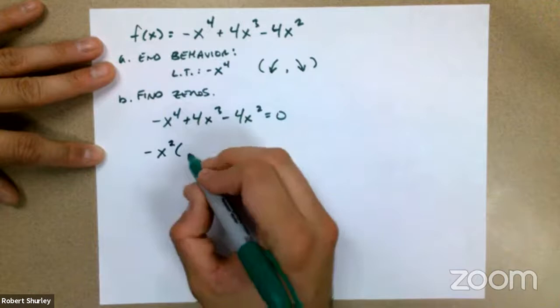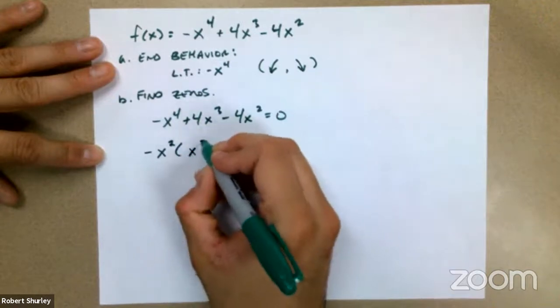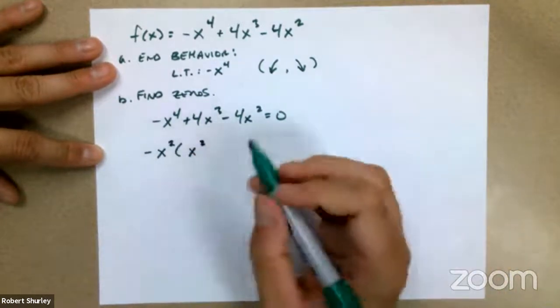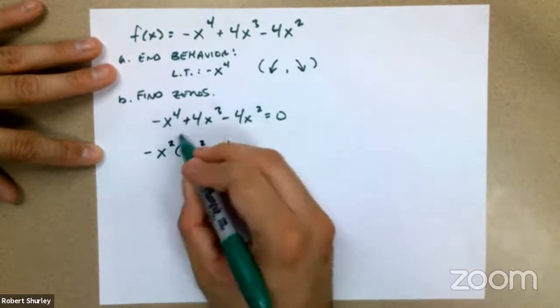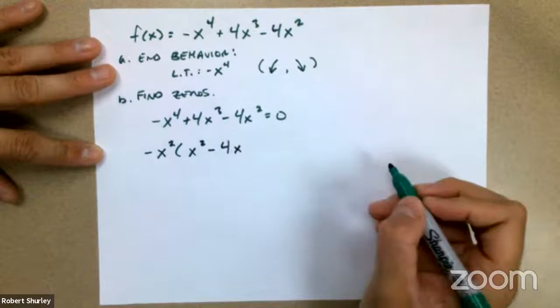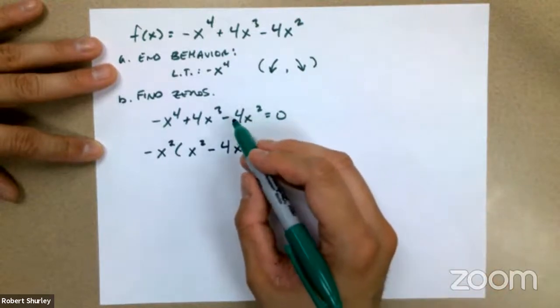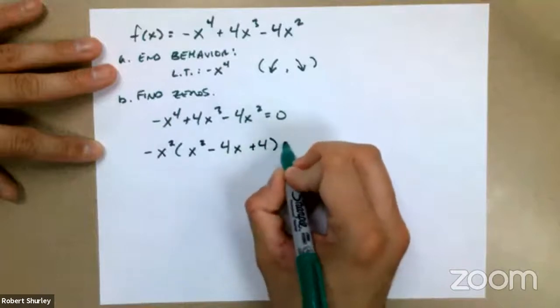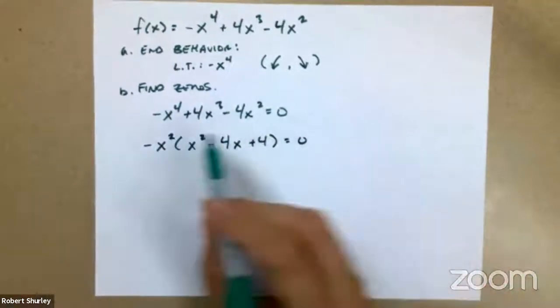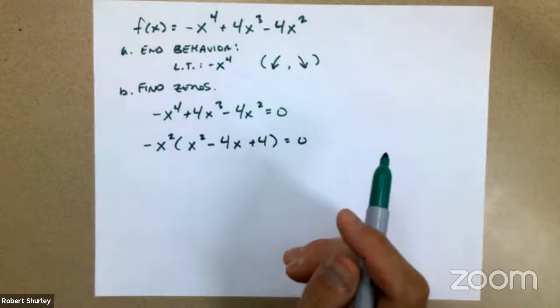When I do that, this first term becomes just a positive x squared, right? I factor the negative out. Second term changes sign, so it's going to be negative 4. I factor an x squared, leaves me with an x. And lastly, I factored all the x's out, but this becomes a 4. So I've got negative x squared.